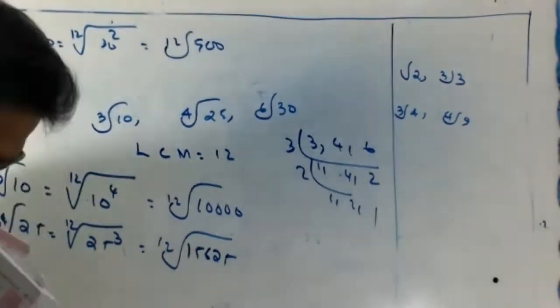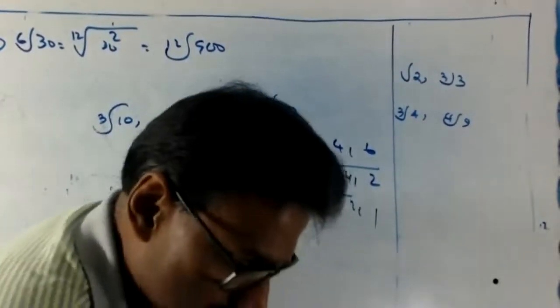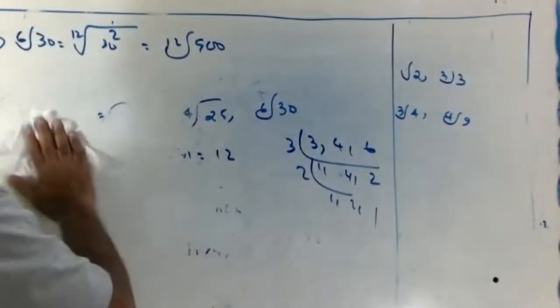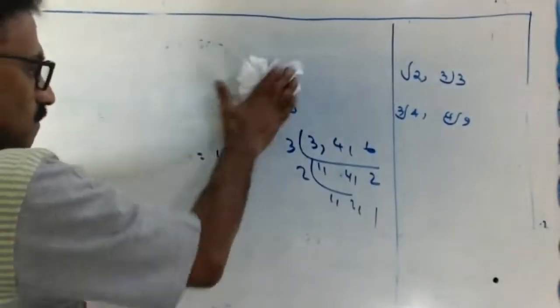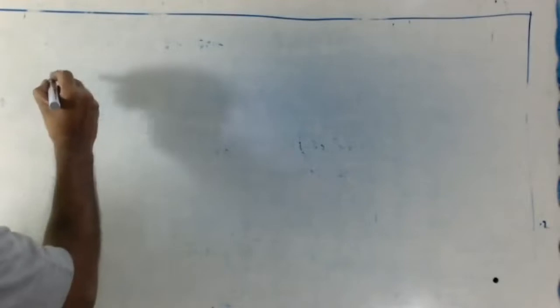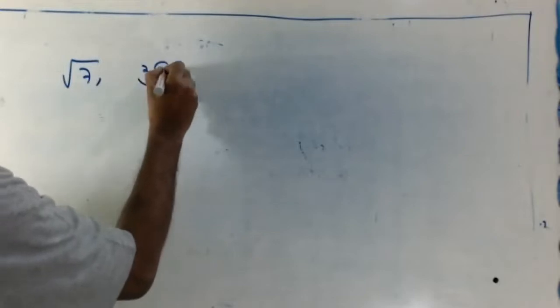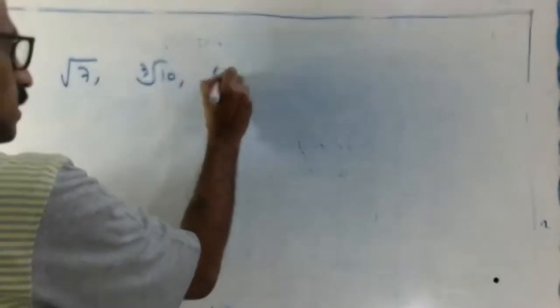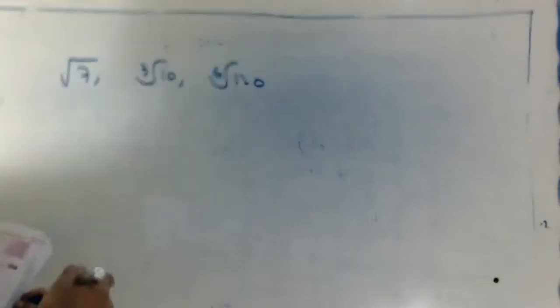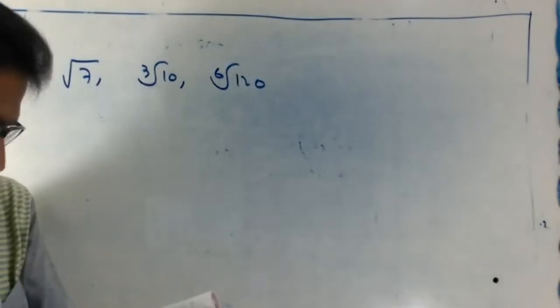Okay, root of 7, cube root of 10, and 6th root of 120.